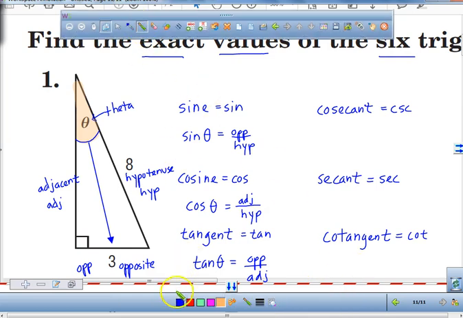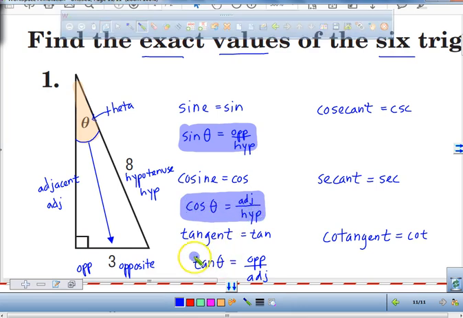So I'm going to highlight what you need to know right here. Sine, cosine, and the tangent. You're halfway there.